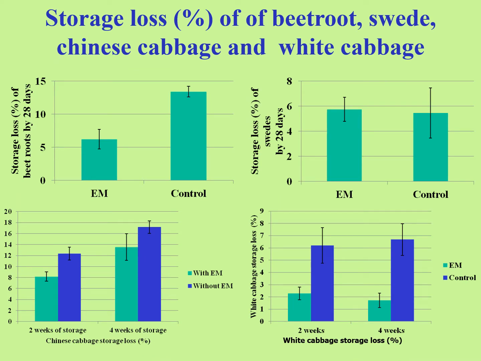Storage loss of beetroot, swede, Chinese cabbage and white cabbage. Storage loss of beetroot was lower in EM treatment while in swedes it was not statistically different. And Chinese cabbage and white cabbage had lower storage loss in EM treatment.